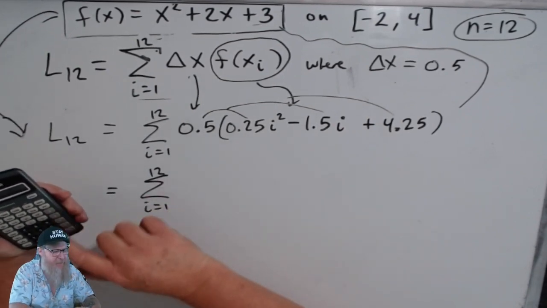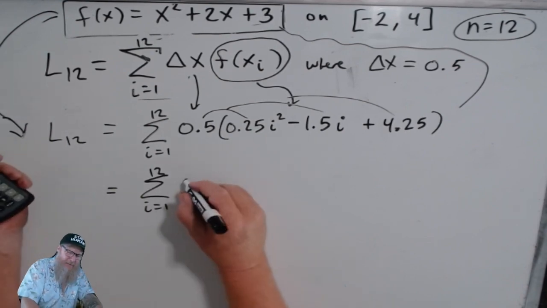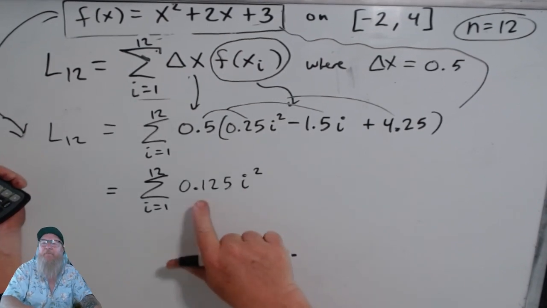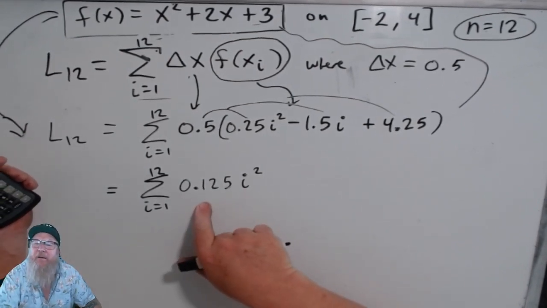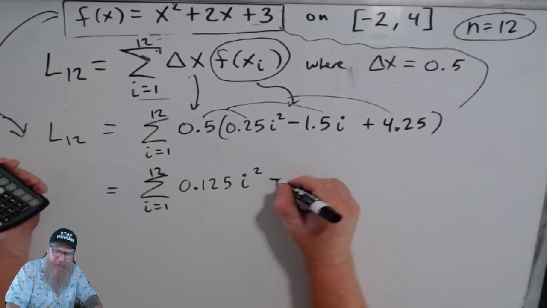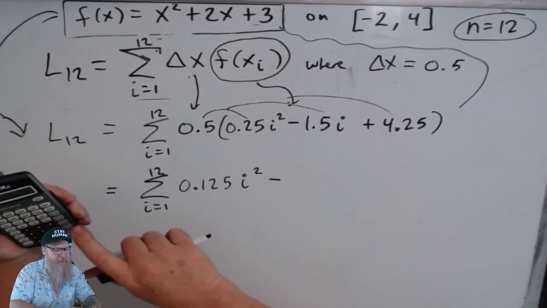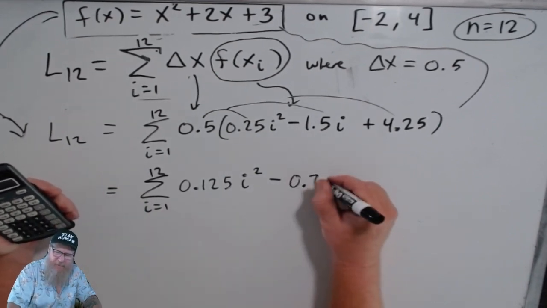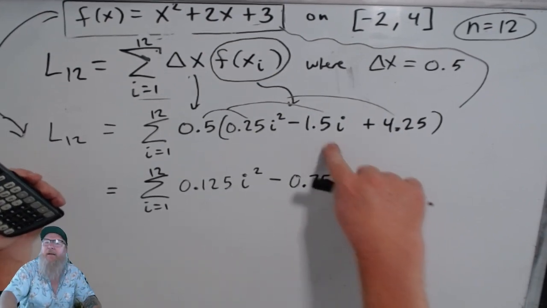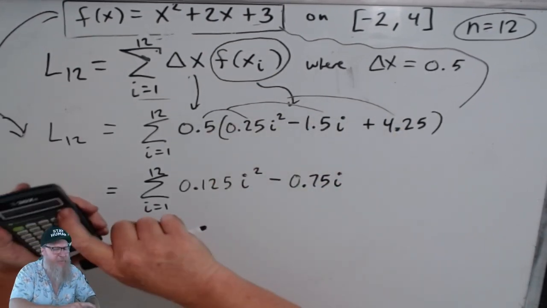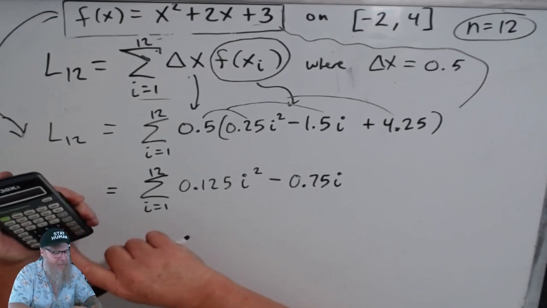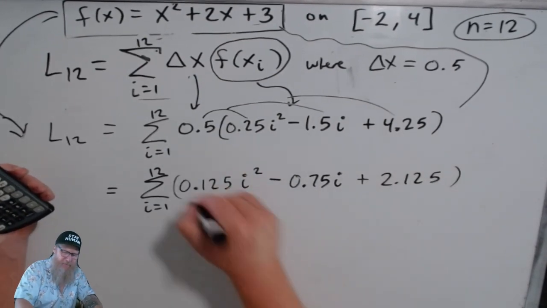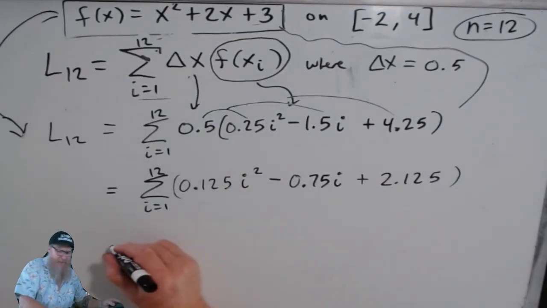So 0.25 times 0.5. Hey, look, it's the same as last time, 0.125. If you've already got that one written down from the last one, it's the same. Let's see, 0.5 times 1.5. Oh, that's 0.75i. And then 0.5 times 4.25 is 2.125. Let's skip one step.